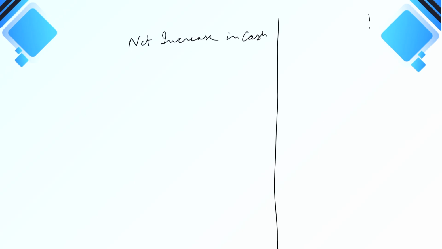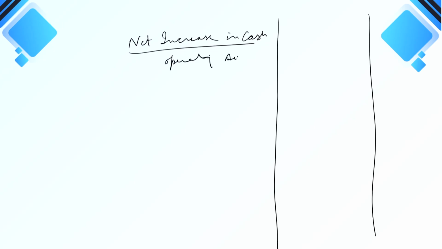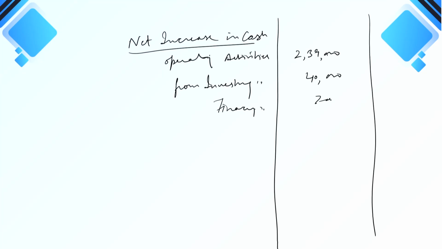So we take the cash from operating activities, which we just computed, rupees 2,39,000. Then we computed cash from investing activities, that was rupees 40,000, and there was nothing called the financing activities, so it would be taken as 0.